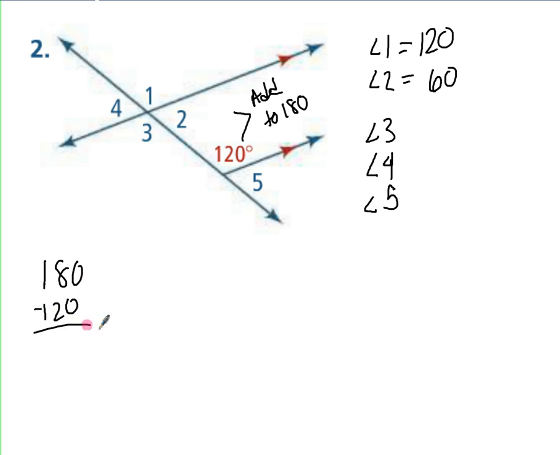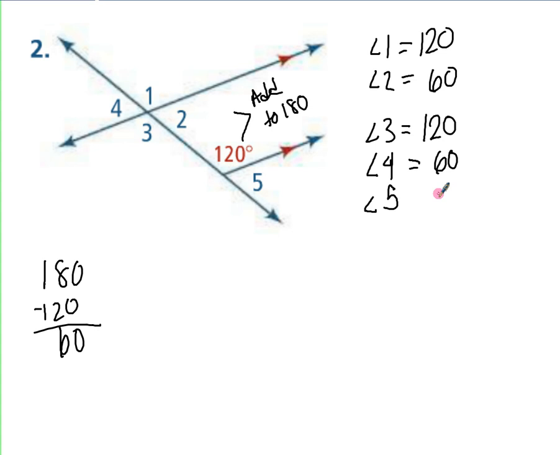Okay, do you know what angle 3 is? Yes. What is it? 120, right? 3 and 120 are alternate interior angles. Okay, what about 4? How did you know it was 60? Corresponding to 2?